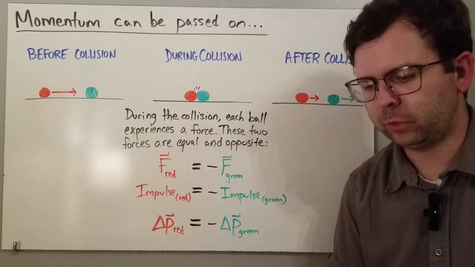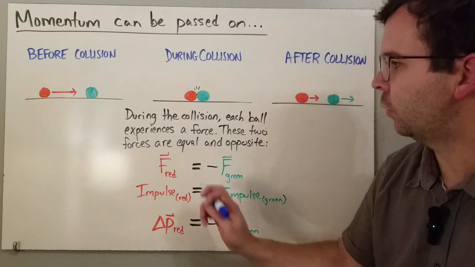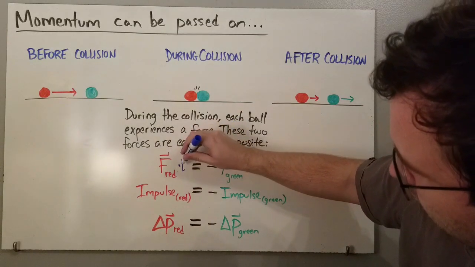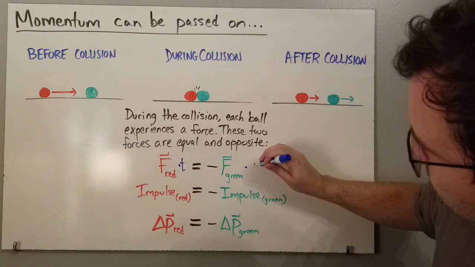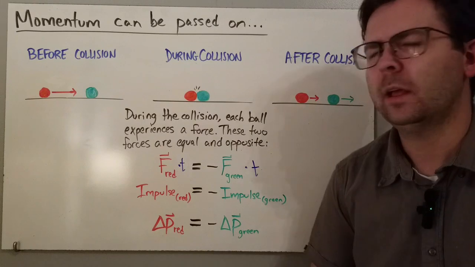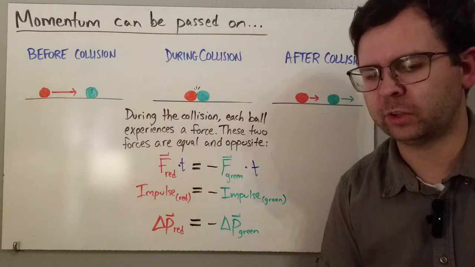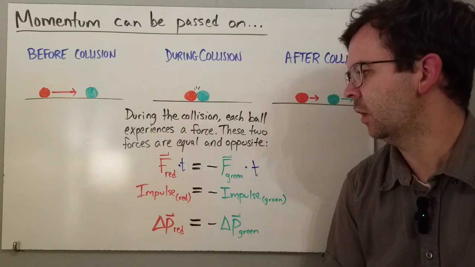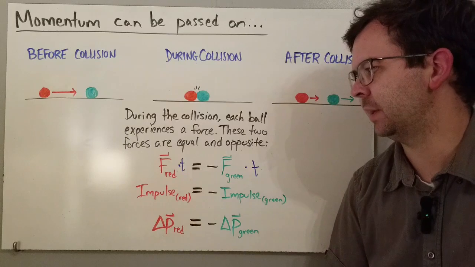So using algebra, if we multiply both of these forces by the time that they're colliding with each other, the time that those forces are acting, then the product of force and time is known as impulse, this quantity in physics of force multiplied by time.